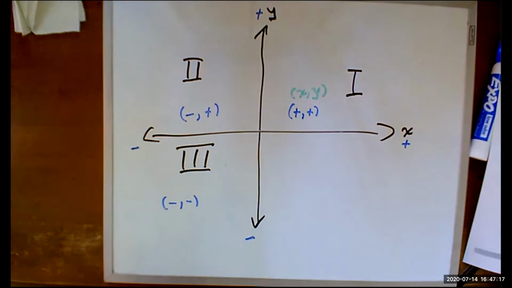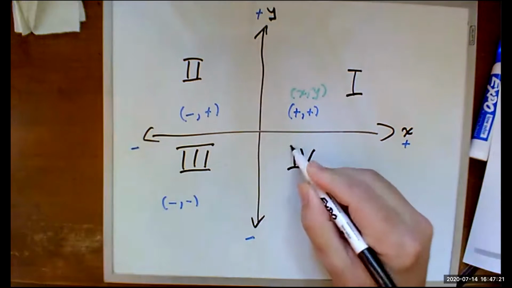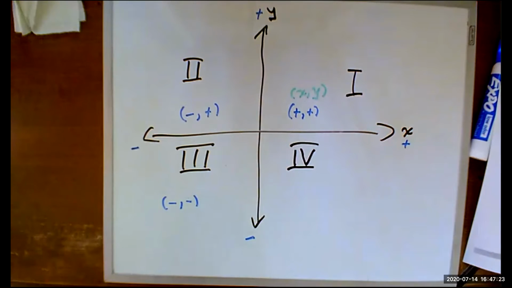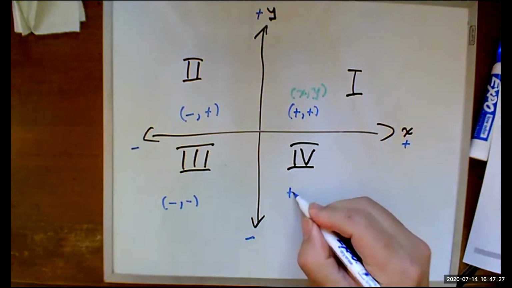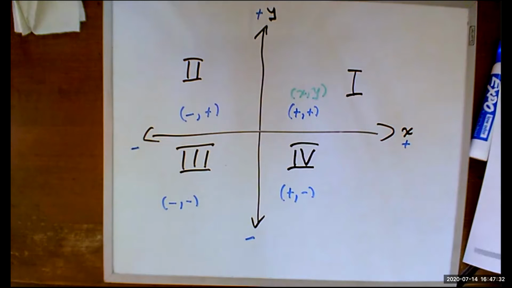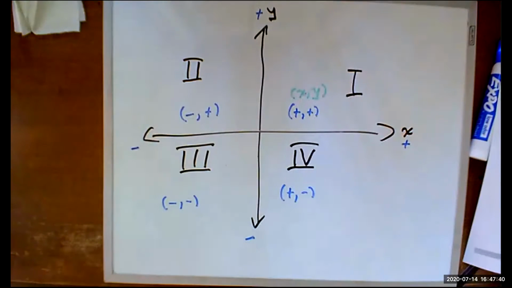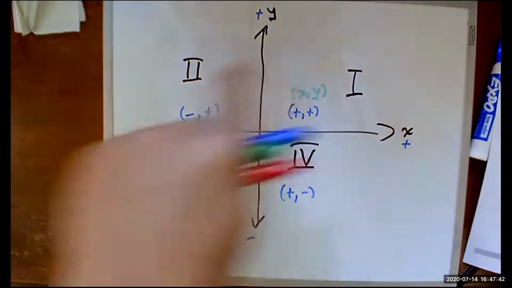And then we move back over and we're in quadrant 4. And in quadrant 4, we are positive x values and negative y values. And as you can see, what's happening here, as we move around the circle, we're of course moving through the numbers, and we're always moving counterclockwise as we count up.